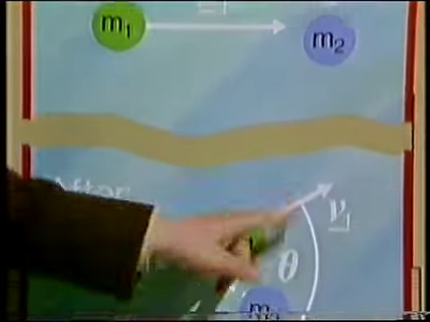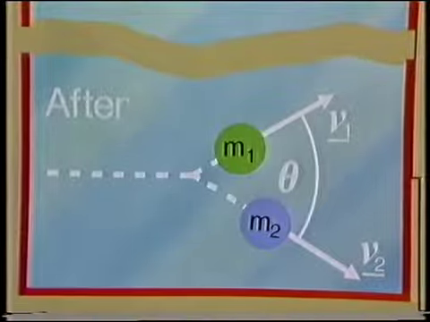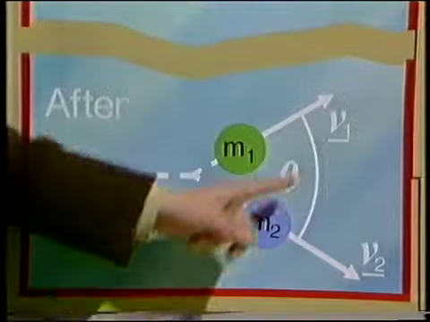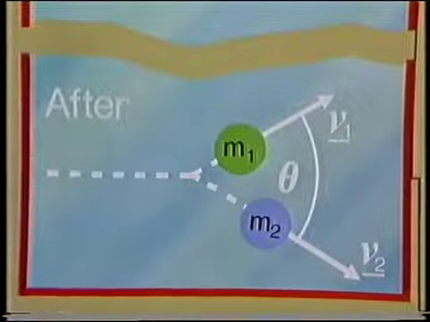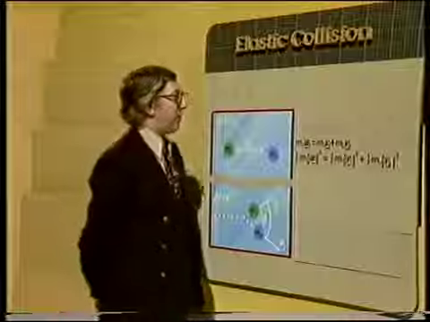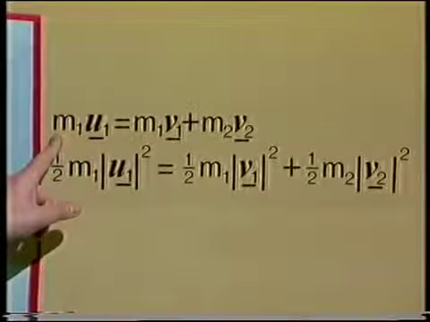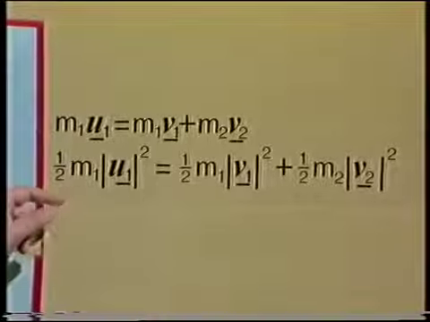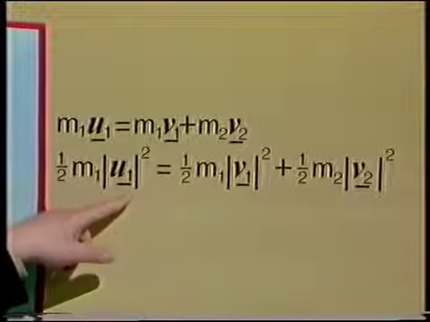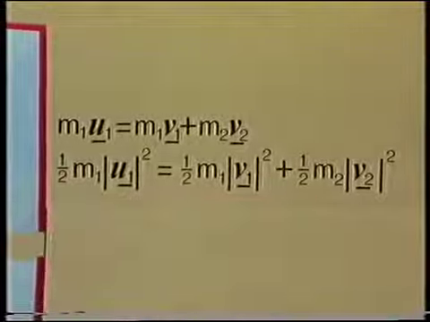Afterwards, they go off with different velocities, and what I'd like to find out is a relationship between the masses of the particles and the velocities afterwards and the angle theta of scattering. Well, what equations do I have to play about with? There's my momentum conservation equation, this one, and then my elastic collision assumption, which is this one: the kinetic energy before equals the kinetic energy afterwards.